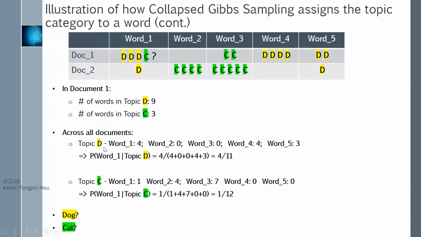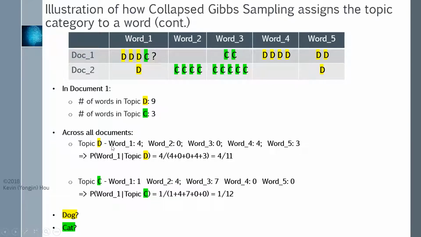So the simple counting. Now, next portion, we want to look across all the documents, both 1 and 2. When we look across both documents, the words associated with topic D are as follows.